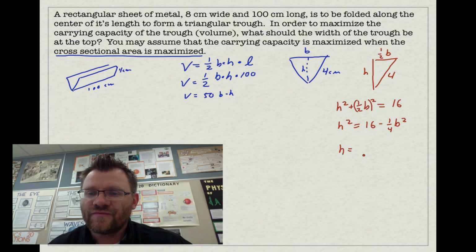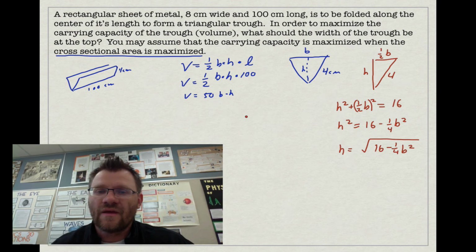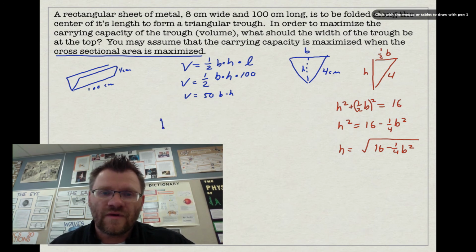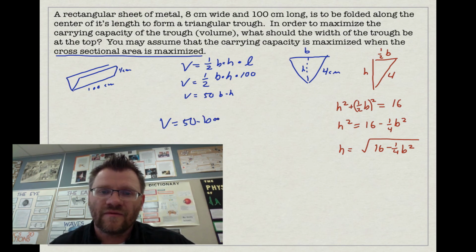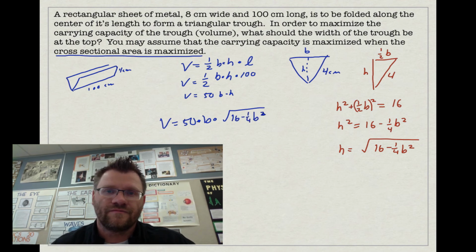And that means H is equal to the square root of 16 minus a quarter B squared. So now I can take this and plug it into this equation. So I'm down to one equation with one variable. So we've got V equaling 50 times B times the square root of 16 minus a quarter B squared.